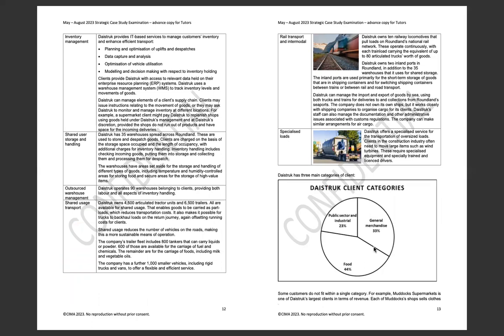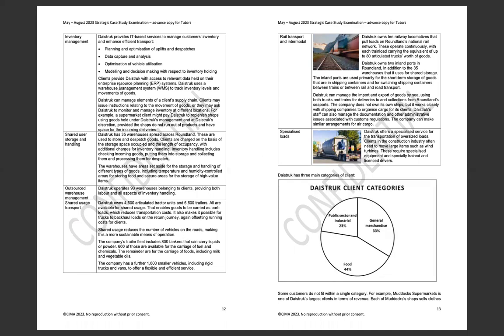So we have a couple of activities that we do here: inventory management, shared user storage and handling, outsourced warehouse management, shared usage transport. So what are our core competencies, right?